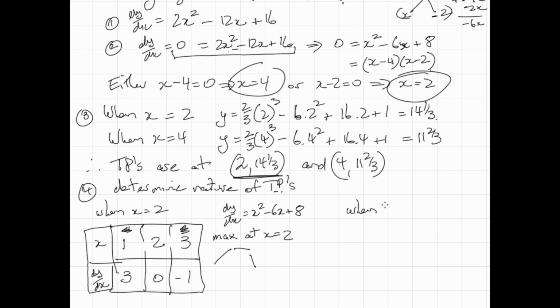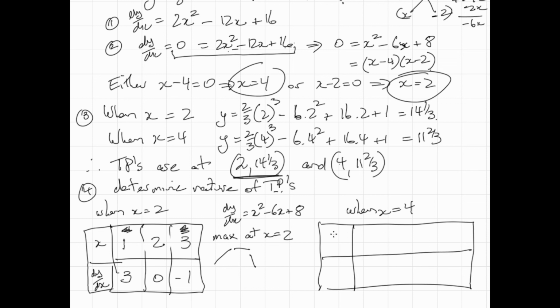Okay, when x equals 4, we draw up another table: x and dy dx. Now it's quite convenient here that we've got a point just less than 4 that we've already used on the other side of 2. So 3, 4: we know that dy dx is 0 when x is equal to 4. And for simplicity, let's go to 5 there. We know when we put 3 in, we've already calculated that dy dx is negative 1. So all we've got to do is substitute 5 in here.